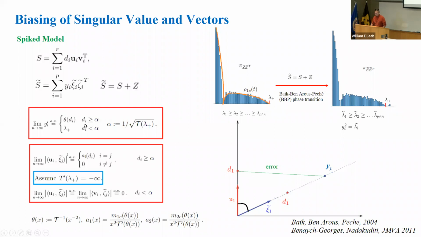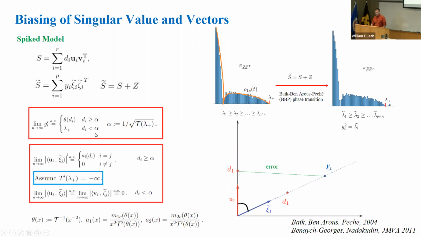When your signal d i is bigger than some threshold alpha, then the eigenvalues almost surely converge to theta of d i, where theta is the inverse of the D transform, which is deterministic.